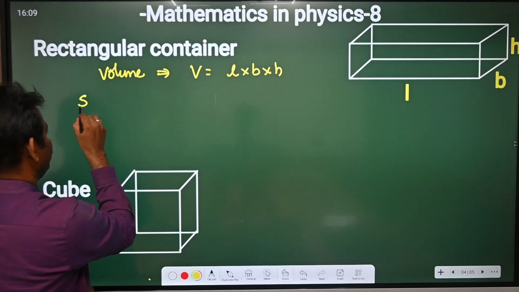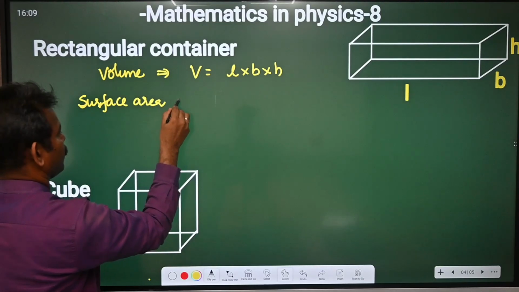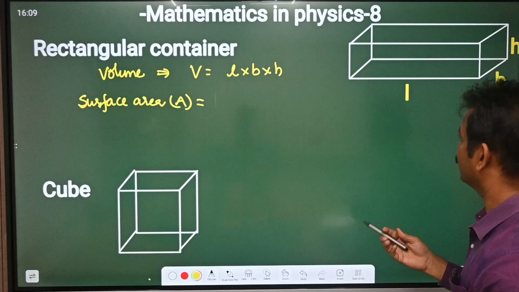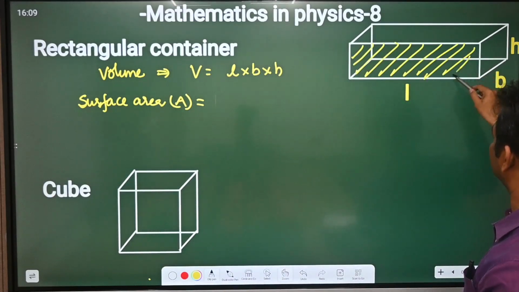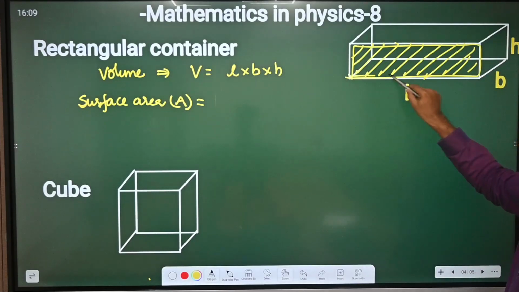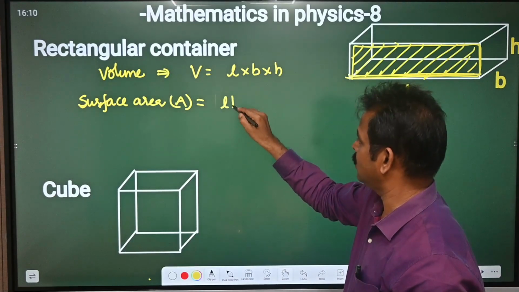But the surface area is given by, if you see this diagram, here we have the front surface, which is nothing but a rectangle, and its area will be length L into height h. So surface area L into h.